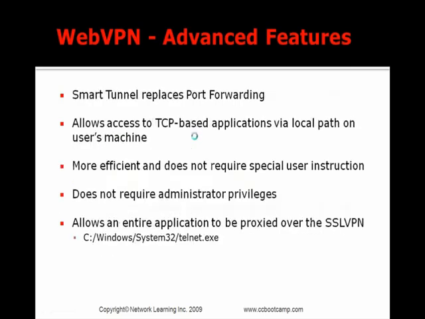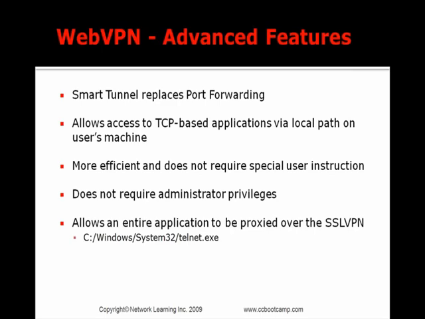So to take that a step further, there's the feature called Smart Tunnel, which effectively replaces port forwarding in some cases. But the main advantage to Smart Tunnel is that rather than specifying a ton of different port forward statements, we can say anytime this particular path is launched on the user's machine, like in the last slide here, anytime telnet.exe is launched, that traffic is going to be hijacked and sent over the tunnel.